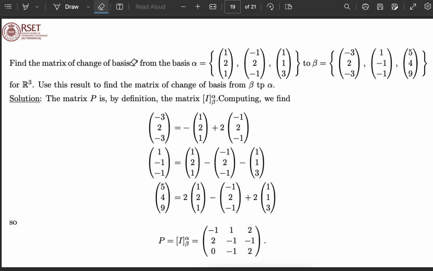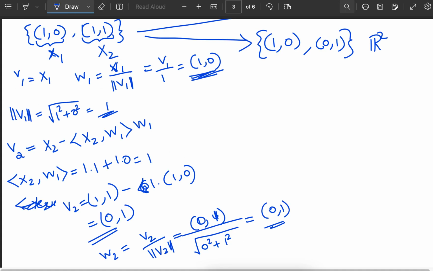So to construct this change of basis matrix P, first we need to write each element in beta as a linear combination of elements in alpha. You already know how to find a linear combination.